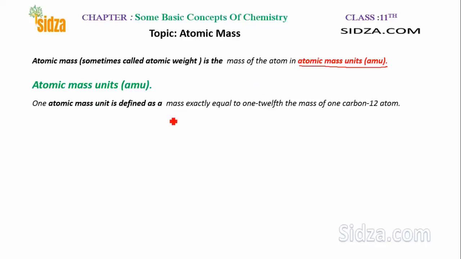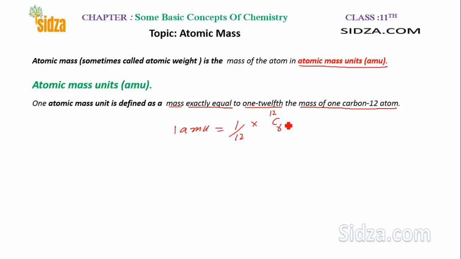One atomic mass unit is defined as the mass exactly equal to 1/12 the mass of the carbon 12 isotope. That means one atomic mass unit, 1 AMU, is equal to 1/12 the mass of the carbon 12 isotope.